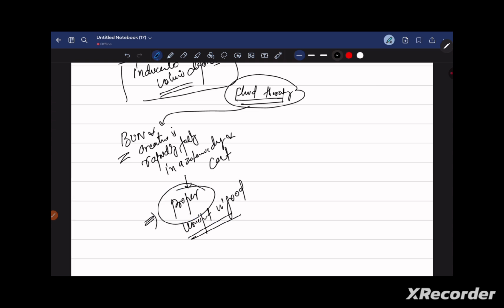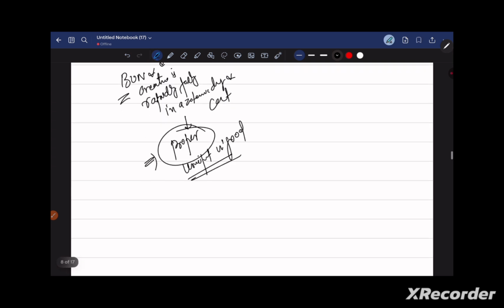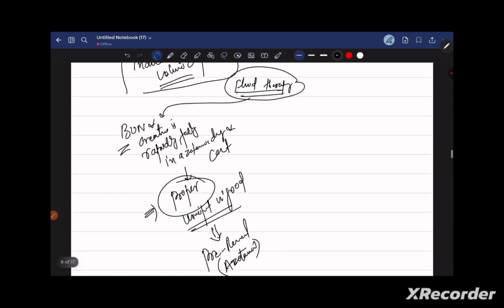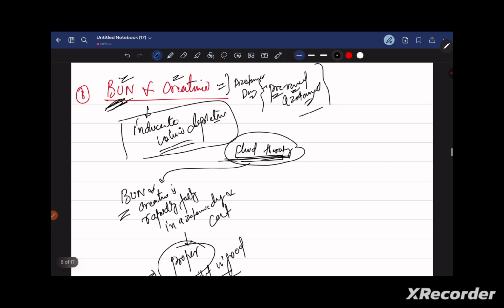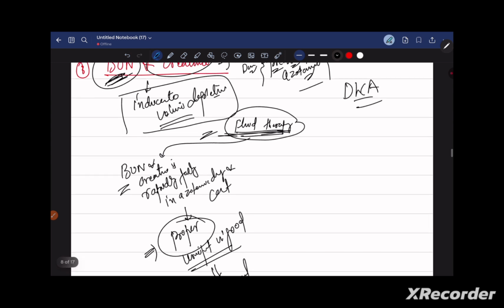And what is important here is that it will help you in diagnosing that it was pre-renal azotemia. So what I want to convey is that you found this is a case of DKA, diabetic ketoacidosis, and the blood urea nitrogen and creatinine are increased. Then you went for the fluid therapy.